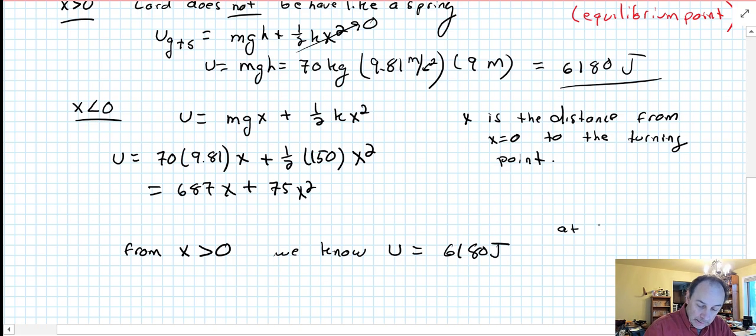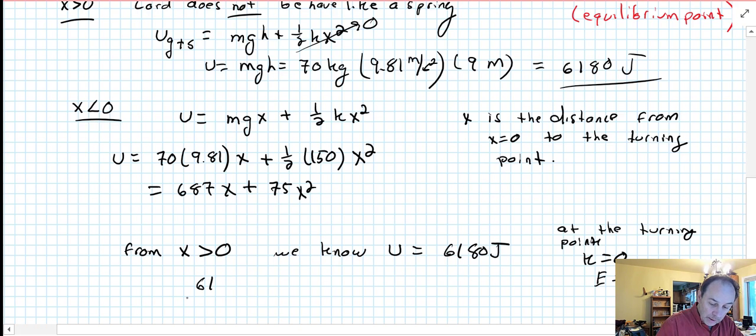And at the turning point, kinetic energy equals 0, so total energy is just U. So that means 6180 must equal 687x plus 75x squared.